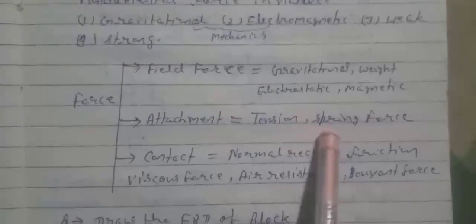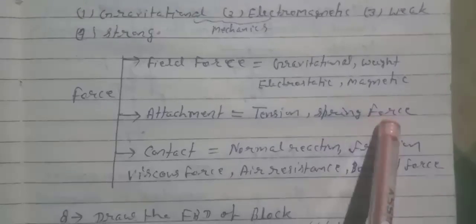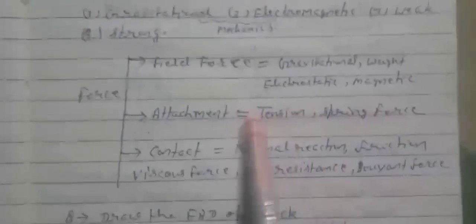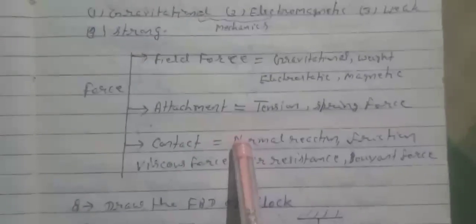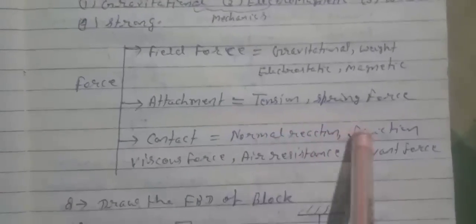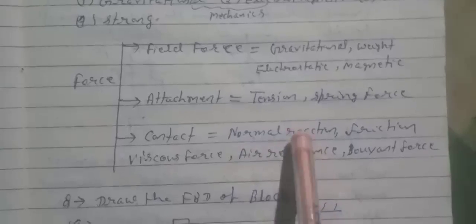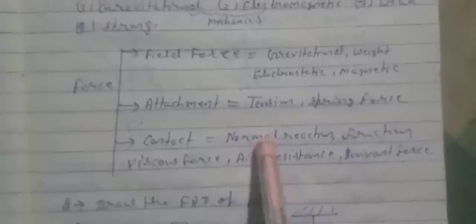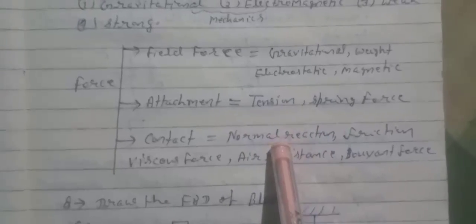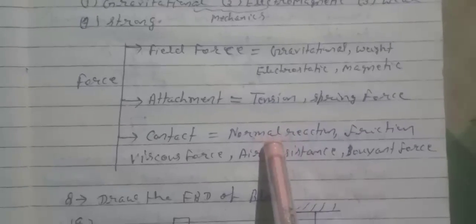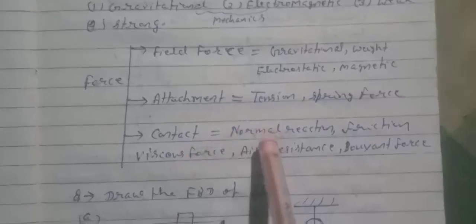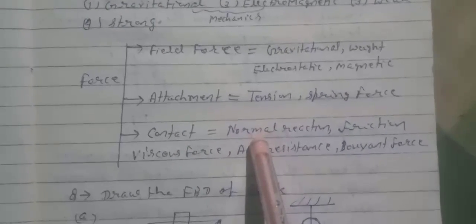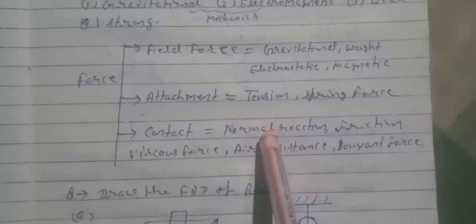Second is attachment force, that is, tension and spring force. And third is contact force, like normal reaction, friction and viscous force, because these forces act along the surface or normal to the surface. For these forces to act, the body must be in contact.